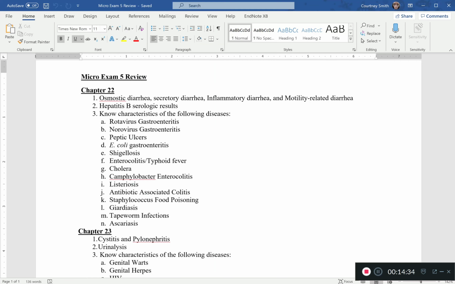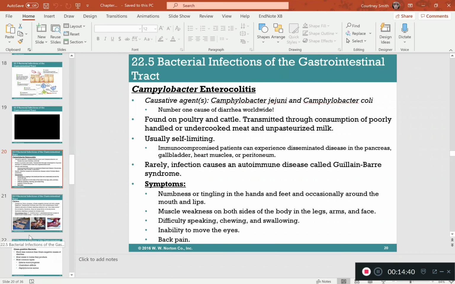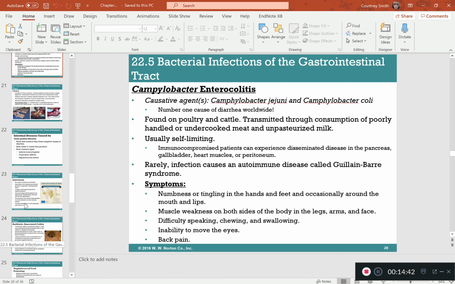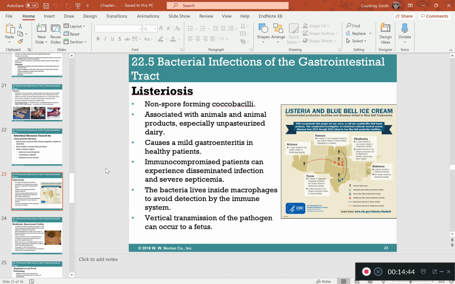Okie dokie. So, let's talk about listeriosis. Listeriosis is associated primarily with dairy products, whenever the dairy product is unpasteurized, meaning that it doesn't go through the essentially decontaminated process.